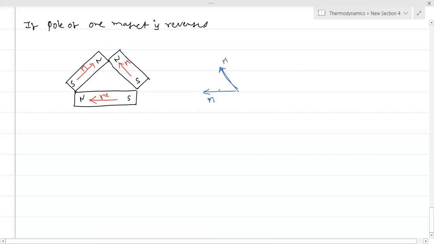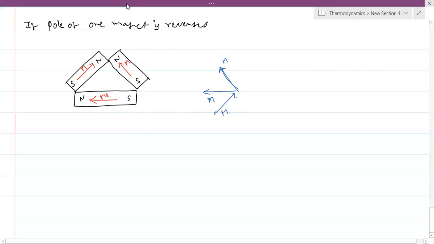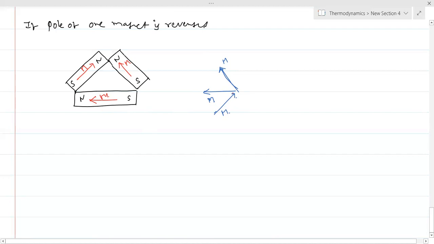So in this case, we are taking the resultant. For this one, we are taking another magnet like this. So this is magnetic moment M. So these are the three possibilities. First I am choosing the resultant of these 1 and 2. Suppose I am taking this as 1 and this as 2.